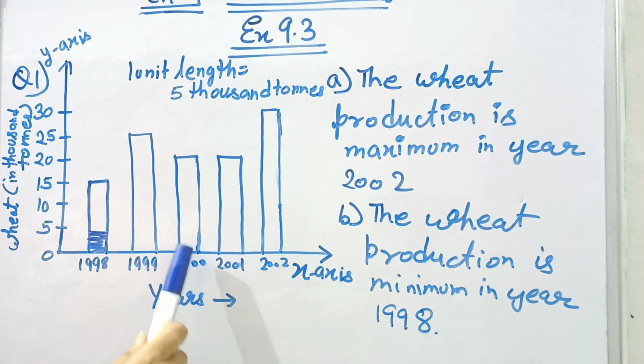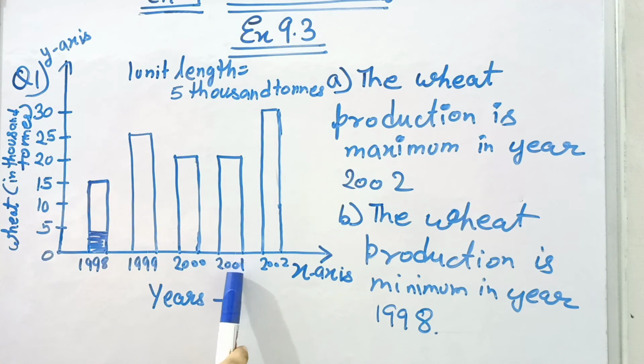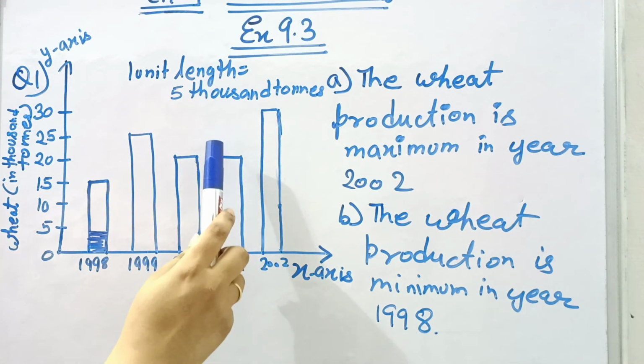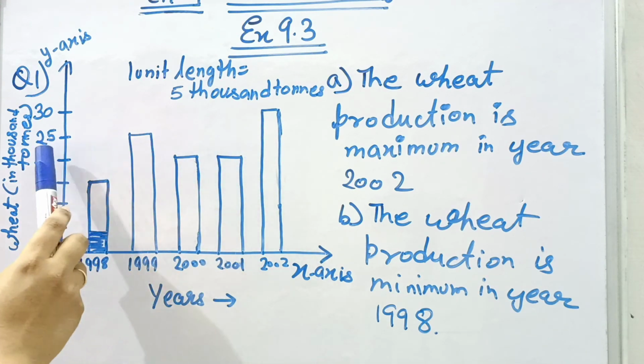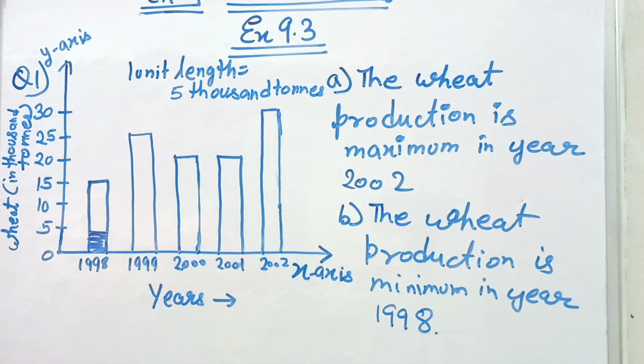In the year 2000 the wheat production was 20,000 tons. Similarly in 2001 wheat production is 20,000 tons, and in 2002 it is 30,000 tons. So this is how we will read our bar graph and we can answer different questions by observing any bar graph.